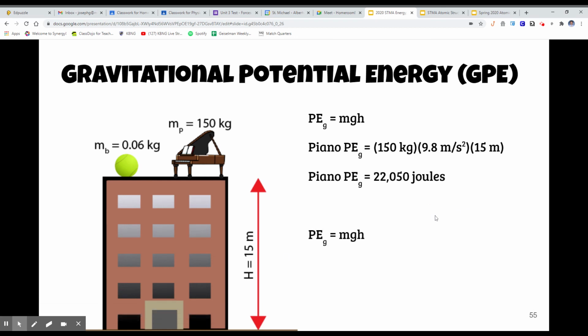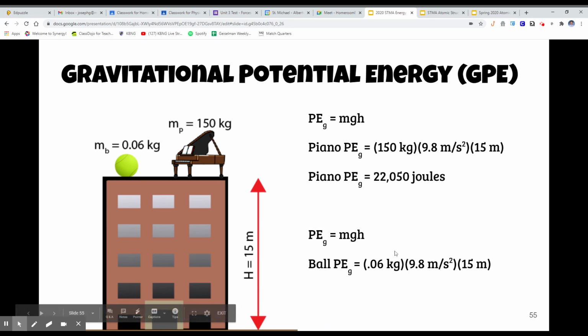We'll do the same thing again for the tennis ball. We'll use mass times gravity times height. And for this one, gravity and height stay the same, 9.8 meters per second squared and 15 meters, but our mass now changes to 0.06 kilograms. So with the tennis ball, we're going to get a much smaller energy value because the mass is much smaller, right?